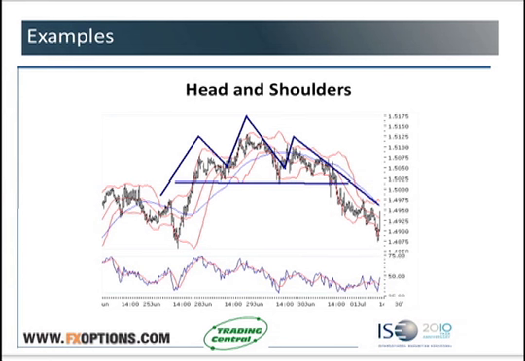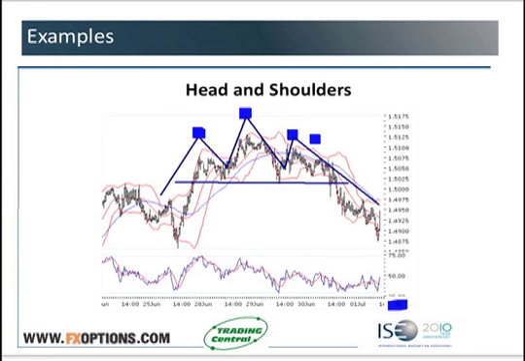Here is an example I found on a very short-term basis on a 30-minute chart. This is not a perfect head and shoulders, but you can see a very nice head and 2 shoulders. The second one lasts a little bit too long for a perfect head and shoulders pattern.